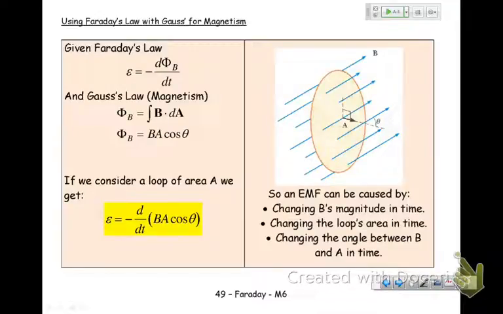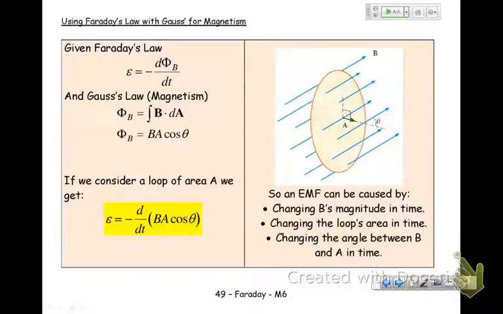The key thing is a change of flux in time. And I made that change of flux in time in that last question, well, I didn't say how I made the change in flux. I just said there was a change in flux.